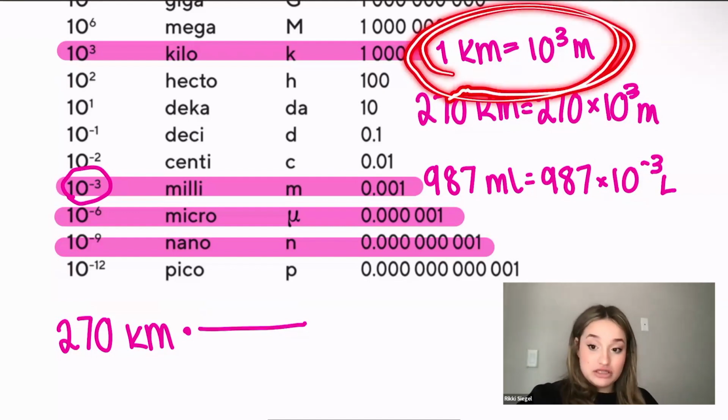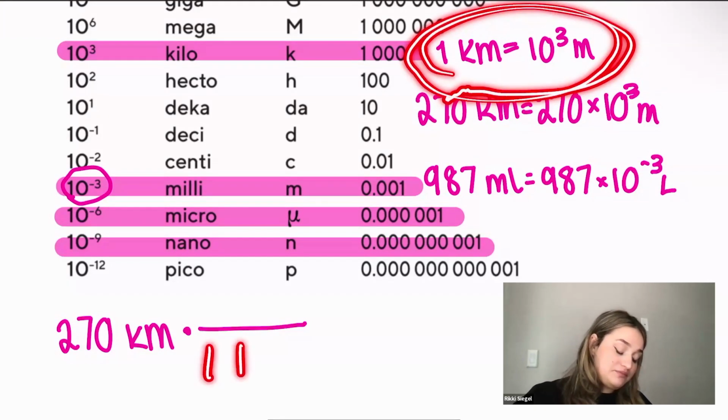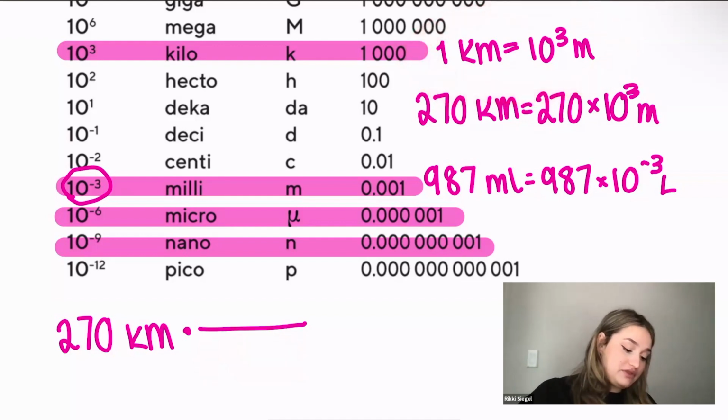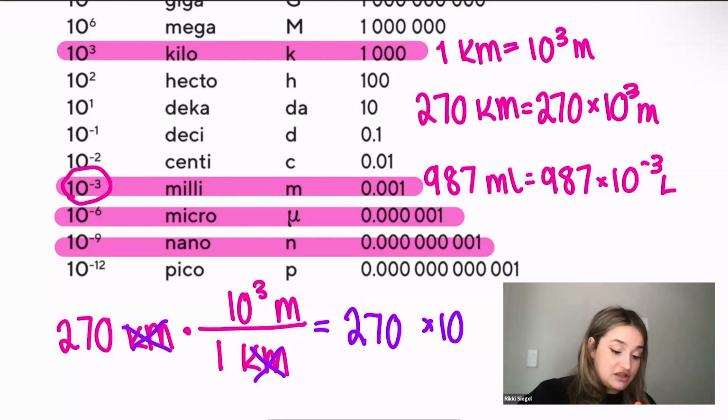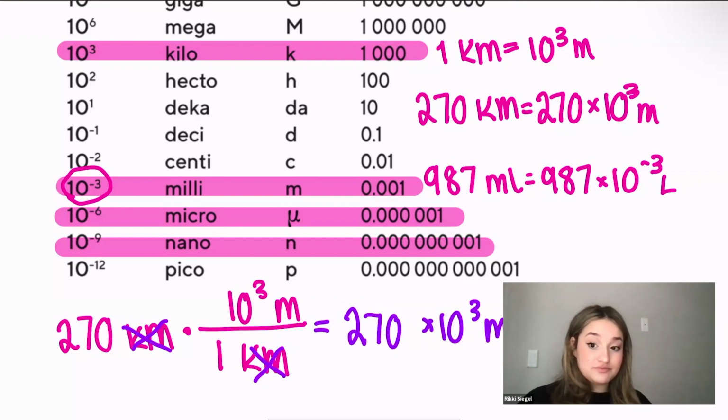We want to cancel kilometers, so we are going to put it on the bottom. And we want to be left with meters, and we are going to put that on the top. So we have 1 km on the bottom and then 10 to the power of 3 meters on top. This cancels, and we are left with meters. This just leaves me 270 times 10 to the third meters.